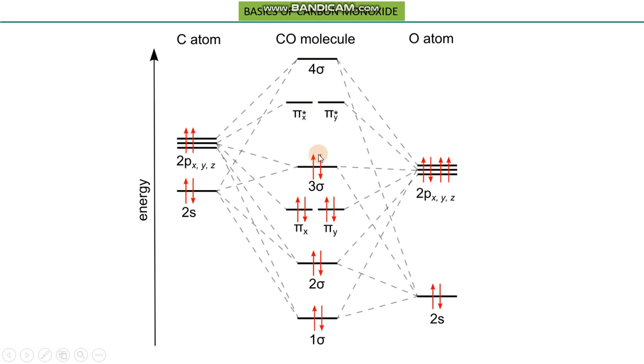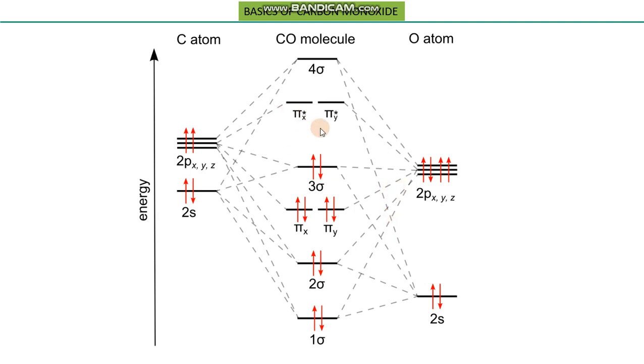In terms of theoretical or DFT concepts, these are called occupied molecular orbitals and unoccupied molecular orbitals. The orbital which is highest in energy among the occupied ones is called the highest occupied molecular orbital, normally designated as HOMO.